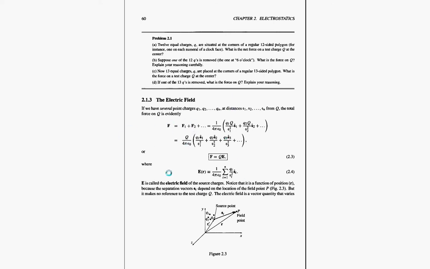When we consider, for example, Q1, we ignore the other source charges, and then sum them up. We calculate the final net force, and it's given by these equations.